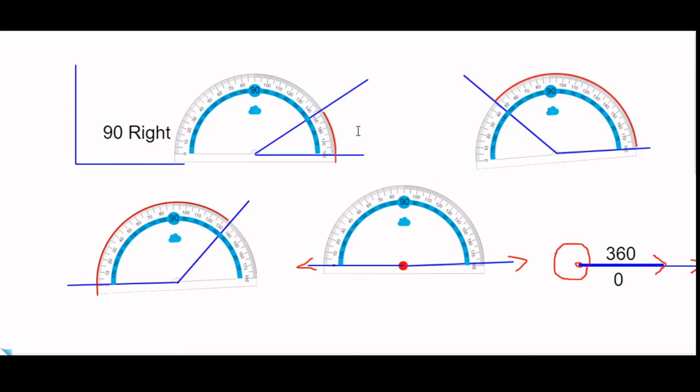This one, the second one, which we found less than 90 degree. Such angles are named as acute angle.